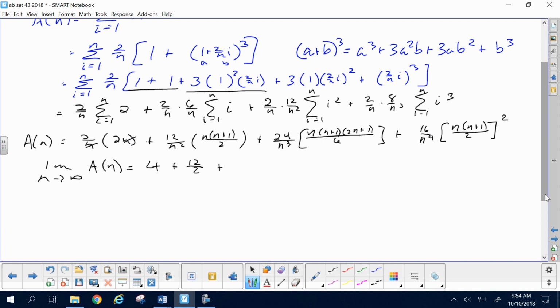The next one, 24 times, power-wise, it's n cubed over n cubed, so n cubes wash, and the numbers are 24 times 2. I can't tell you how much that 2 gets lost in the shuffle. 24 times 2 over 6 are all the numbers that will go into the end behavior.